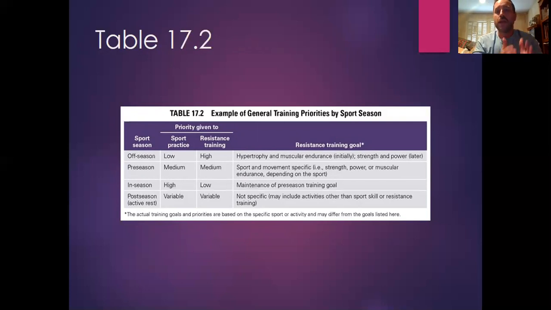So what we're trying to do in that off season and part of that preseason is to build us up to a certain point, because we know that once our training goes down during season, we're going to lose things. If you look at different athletes, when I talk about maintaining, there's individuals in the NFL that by the time the season begins versus when it ends at the end of the year, some of them are almost, and it's typically your bigger individuals because others don't have anywhere to lose it.